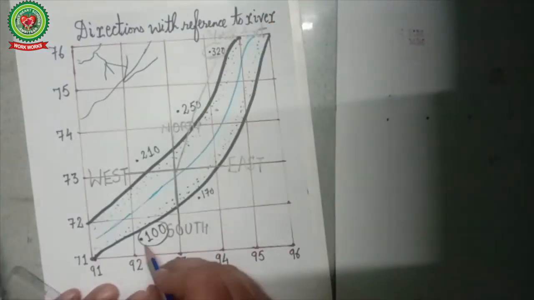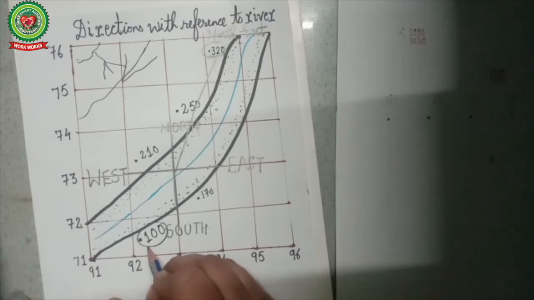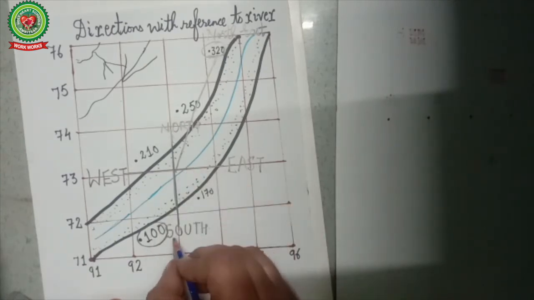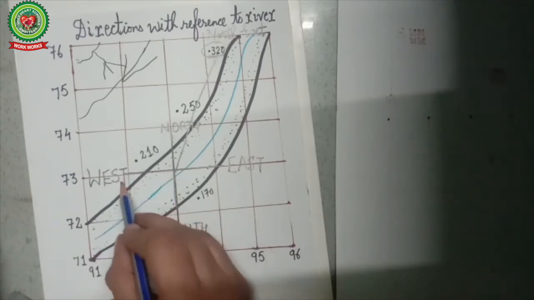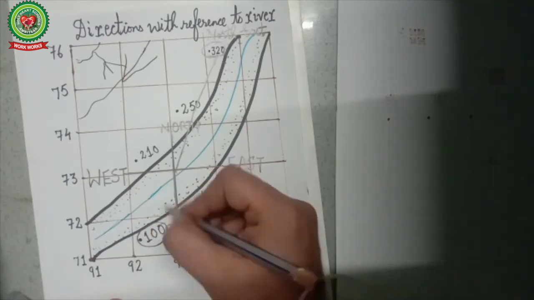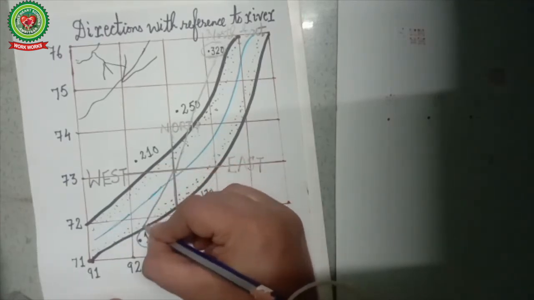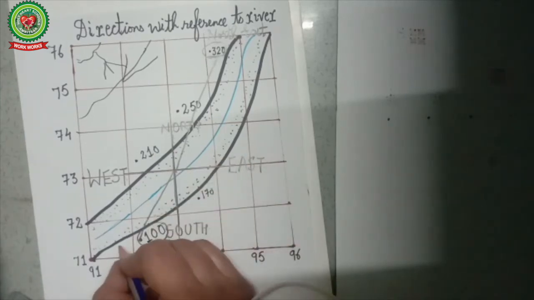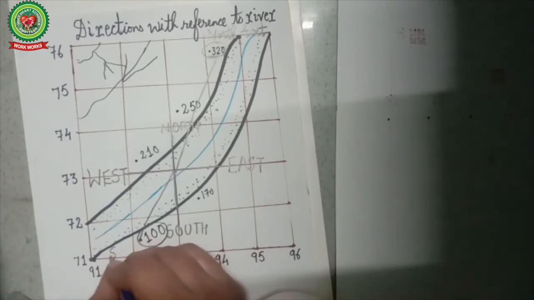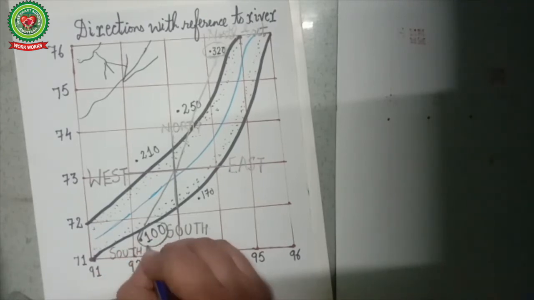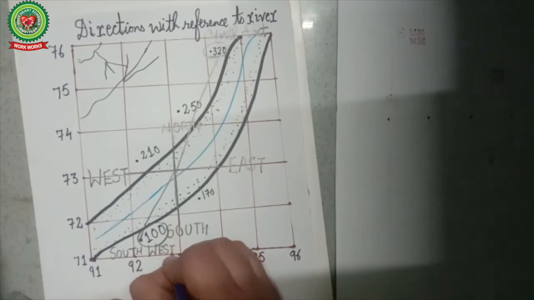Now coming towards the lowest value, that is dot 100, we can see that here we have south, but this height is not completely in the south. Here we have west, it is not in the west either. It lies between the south and the west. So it means that dot 100 is located in the southwest corner of the given map.